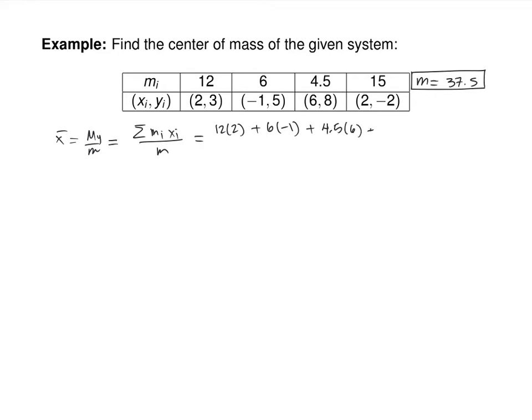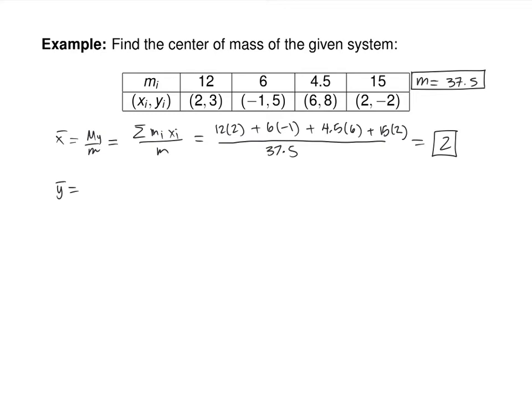And then mass 4 is 15, x coordinate 2, right? All that business divided by 37.5 ends up giving you 2 for x bar, okay? I'll just trust that you can do arithmetic given proper time. Is that all right so far?